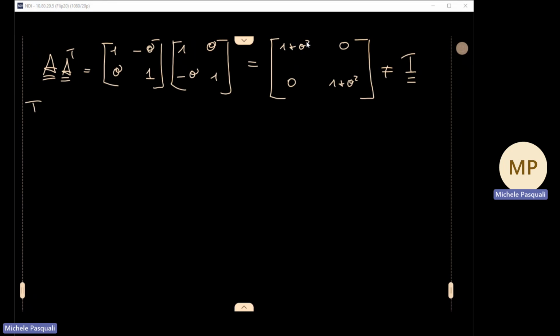Therefore, I actually correct the linearization operation, and I say that A is actually 1 over the square root of 1 plus theta squared applied over 1 minus theta, theta, and 1.